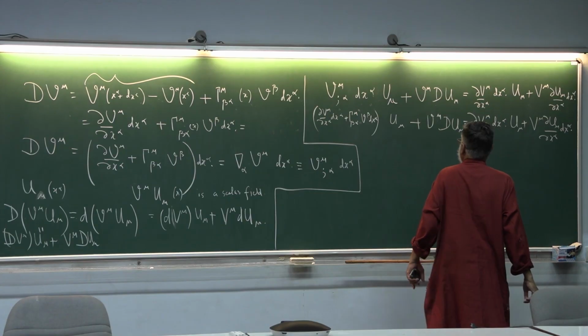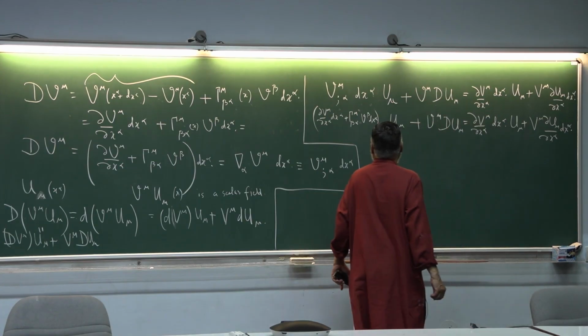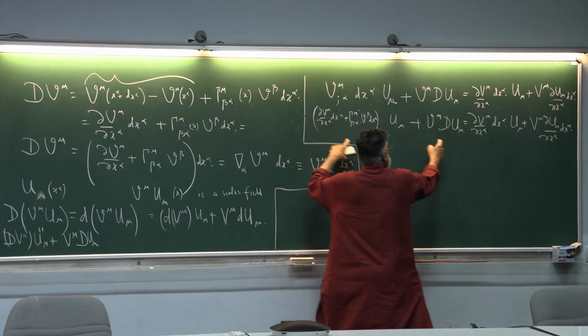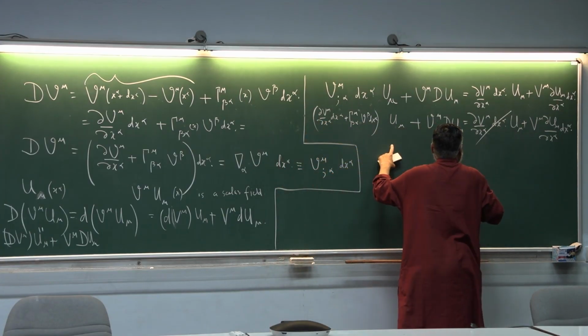Okay. Now all the magical things will happen. Note that del v mu by del x alpha dx alpha u mu acts here, so I can just cancel this term.